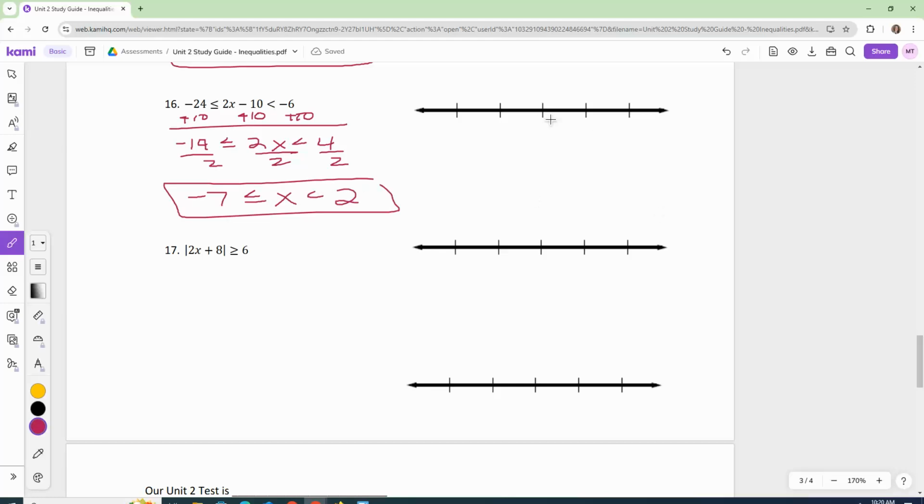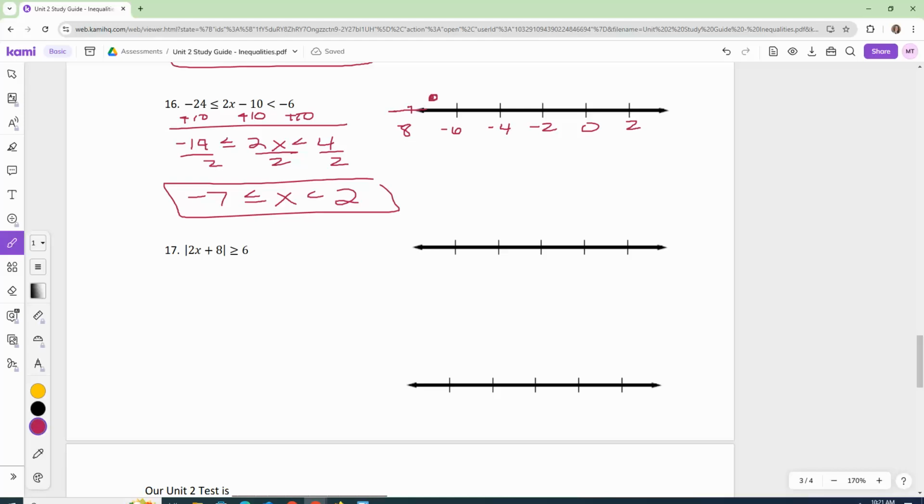So in between 2 points, open or closed at negative 7? Closed.